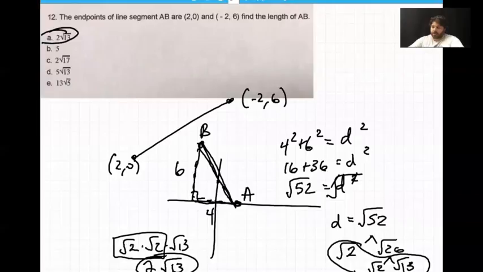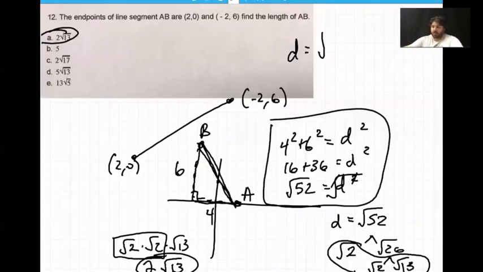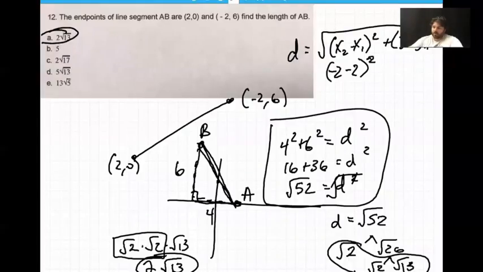Now, alternately, the distance formula does the same thing, and you'll see this looks exactly like the distance formula. It's the square root of the difference in the x numbers squared plus the difference in the y numbers squared. Well, x2 is -2 minus 2, that's the other x value, plus (6 - 0) squared. I get (-4) squared plus 6 squared, all rooted.